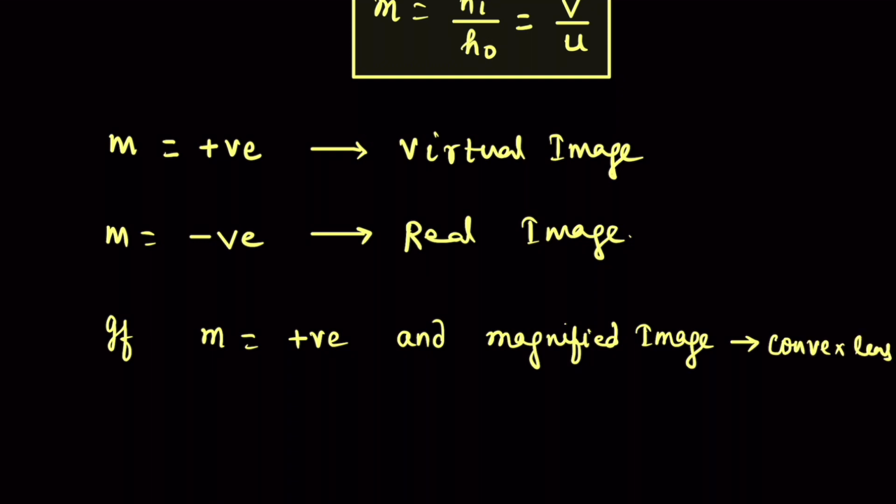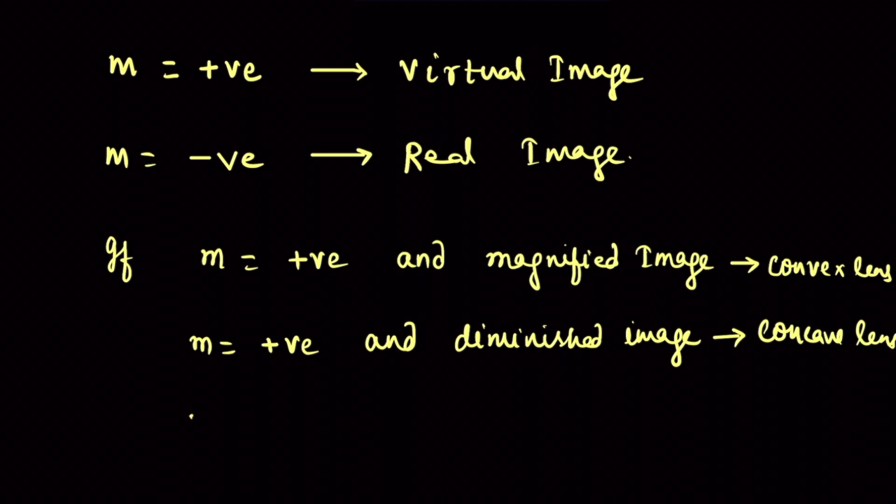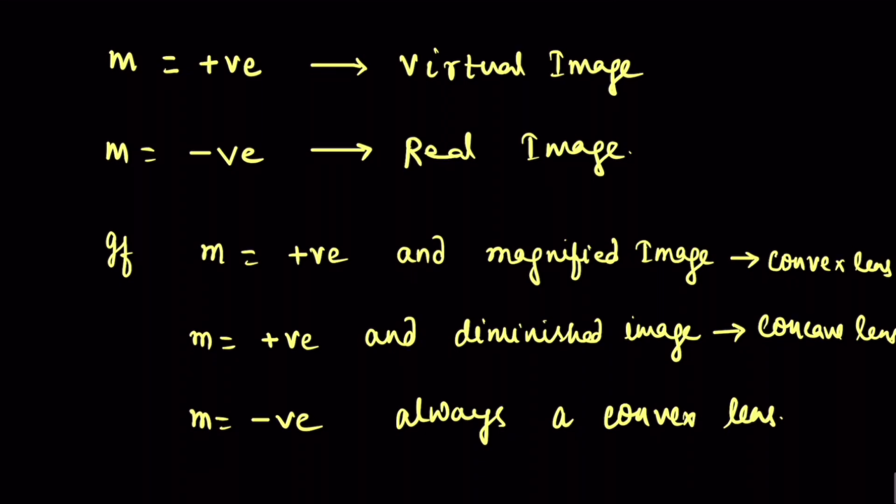Similarly, when m is positive and diminished, it will be a concave lens. And when m is negative, it will always be a convex lens. We can remember these points.